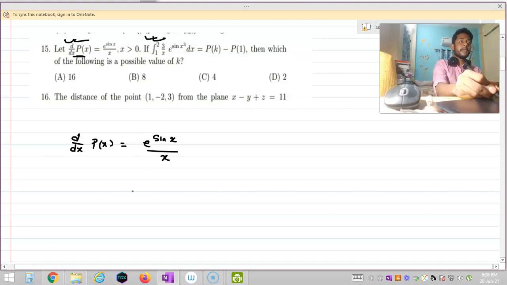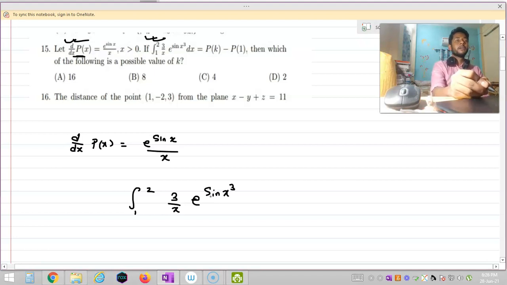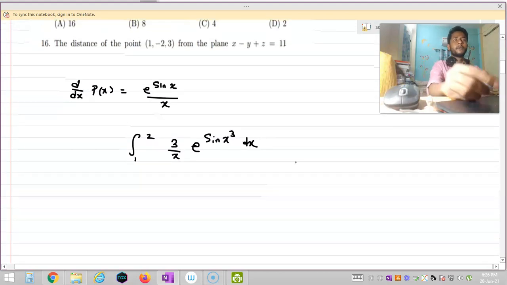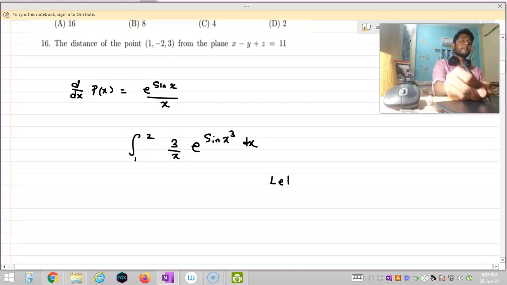I am writing this integration from 1 to 2 of 3 by x, e to the power sin x cube, x cube dx. What I can do is let x cube be equal to z.